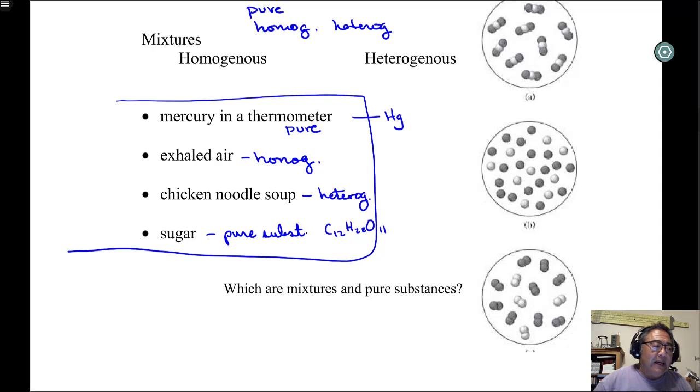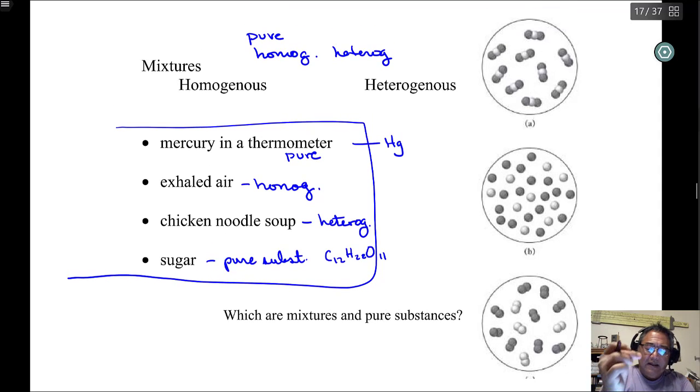Now, another skill I'd like you to have is to be able to identify whether a panel of pictures like the one shown to the right are mixtures or pure substances. So I'm going to pause it and let you decide, and then we'll talk through those. The top one is a pure substance. You notice it's made up of two dark atoms and one light atom.